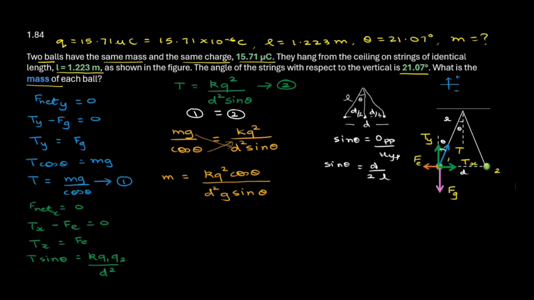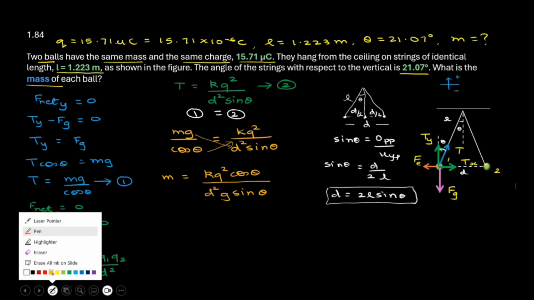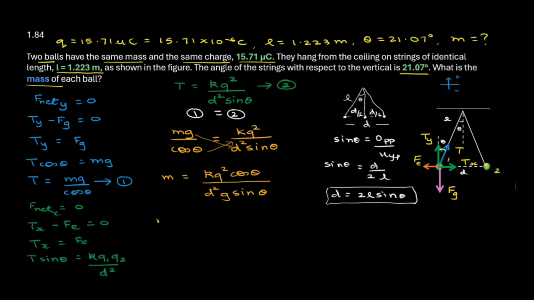So I can write d equal to 2L sine theta. Let's substitute this in our expression for mass. I will rewrite the mass m as kq squared cosine theta, and in place of d, we will write 2L sine theta squared, g times sine theta.